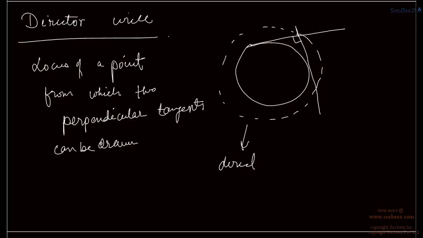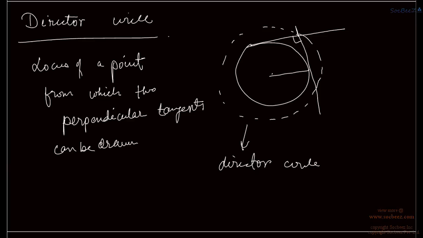This circle is called a director circle, whose center is the same as the center of the circle on which the tangents are drawn.